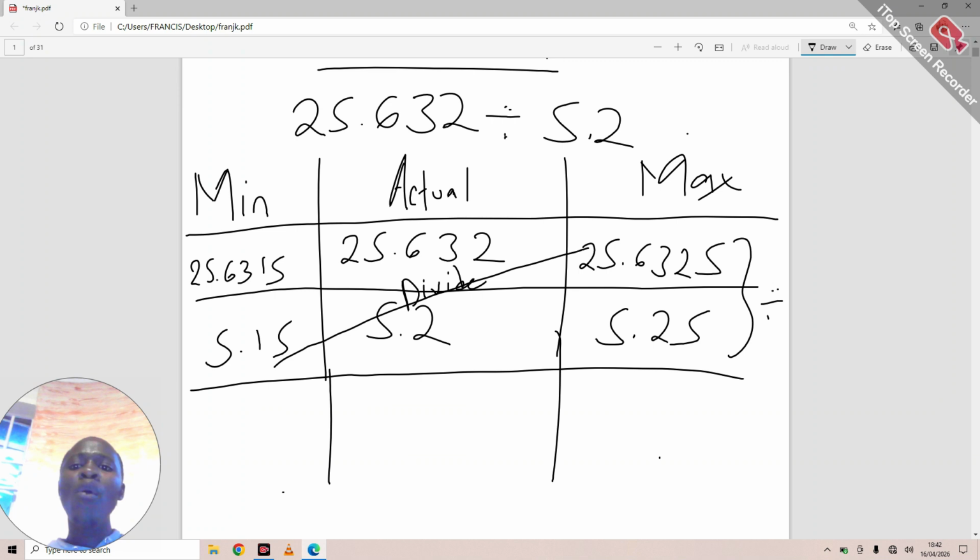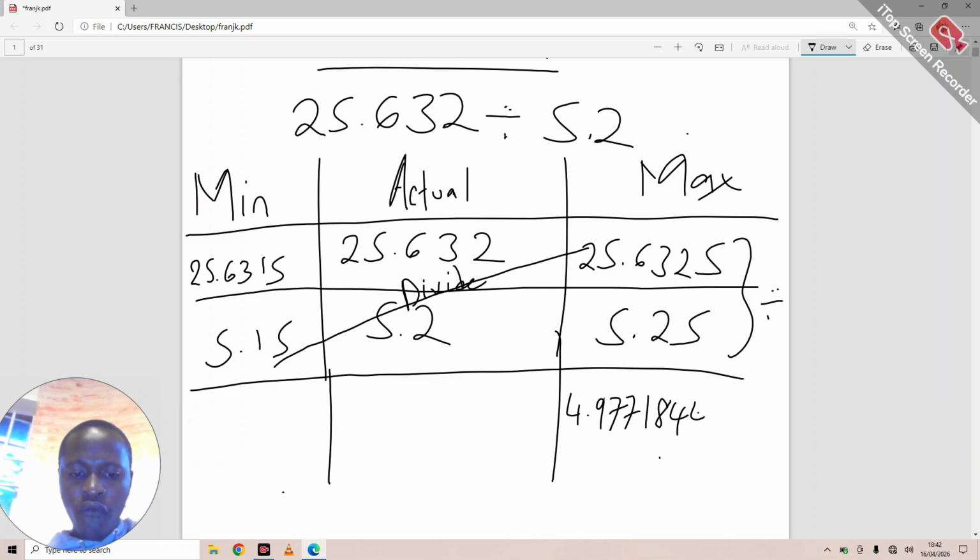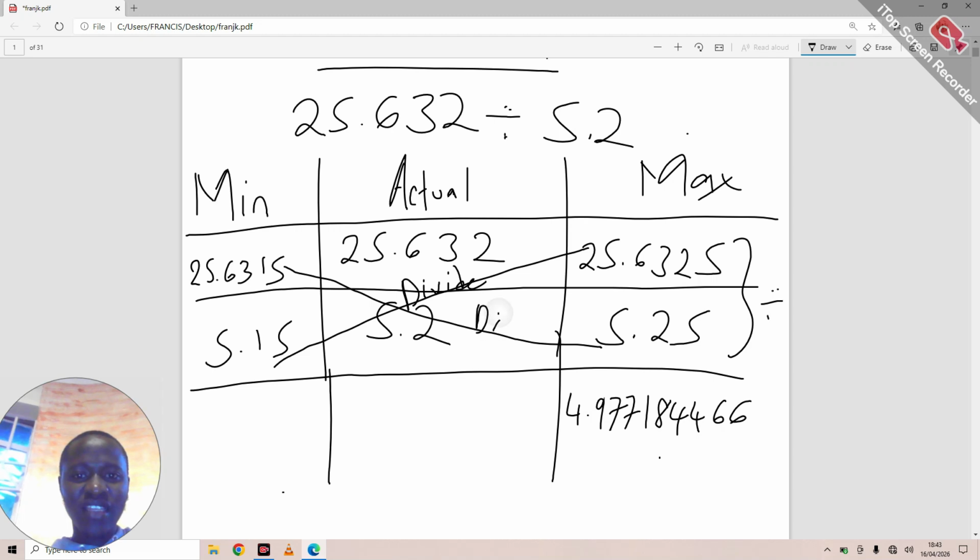That means our maximum division will be given by 25.6325 divided by 5.15. And what will be our answer? Just write all of it. That is 4.977184466.